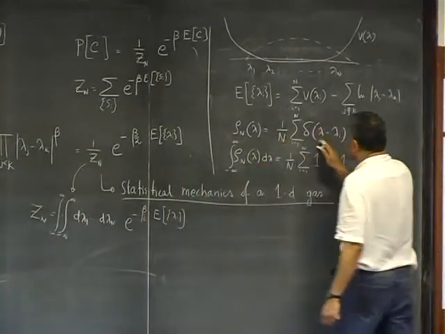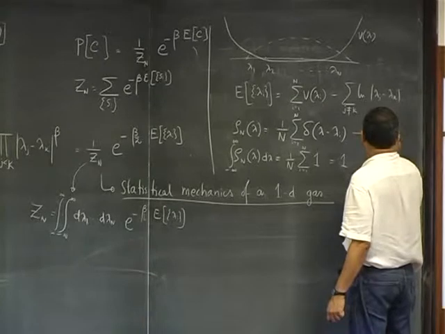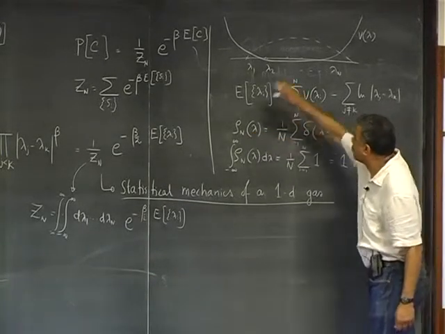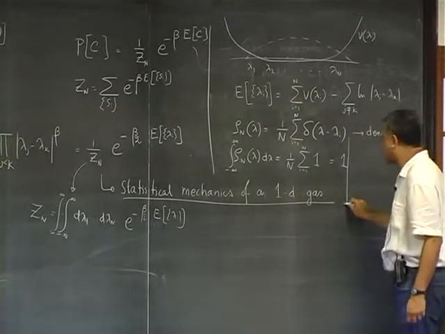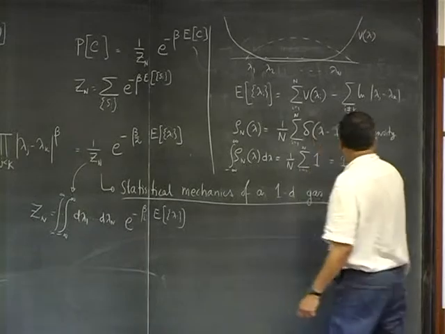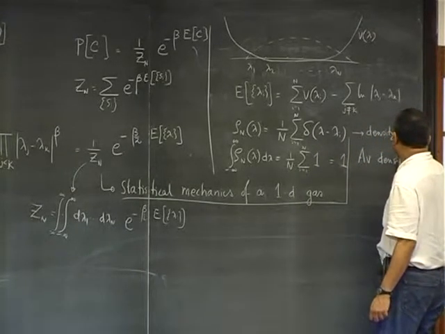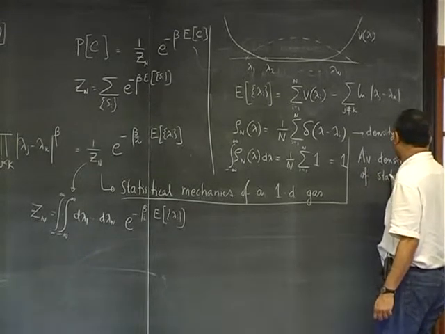So for any given configuration, I can define this object. This object is a random variable in the sense that it changes from one configuration to another. What I want to calculate is the average density of states, because that will give me an idea of how the charges are settled in this potential.